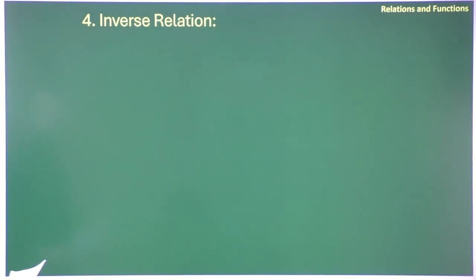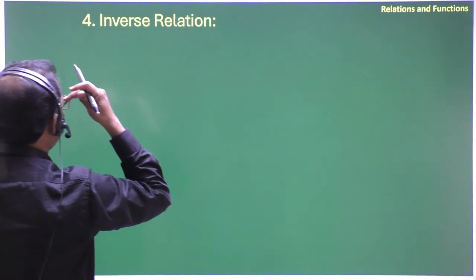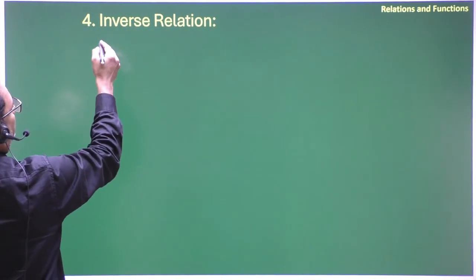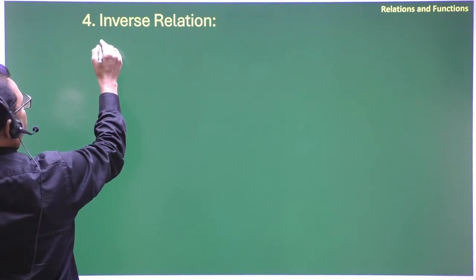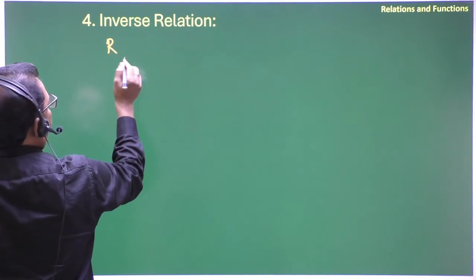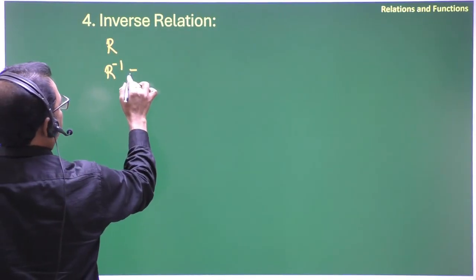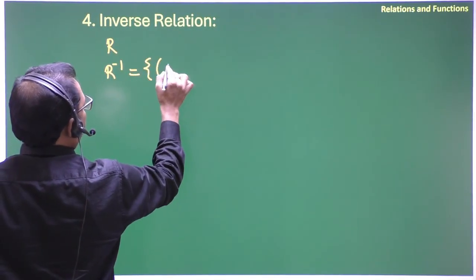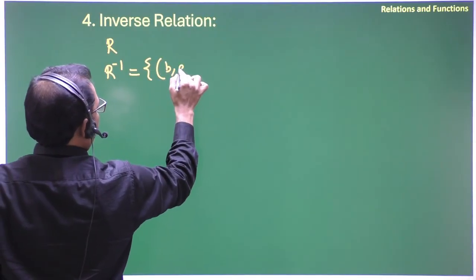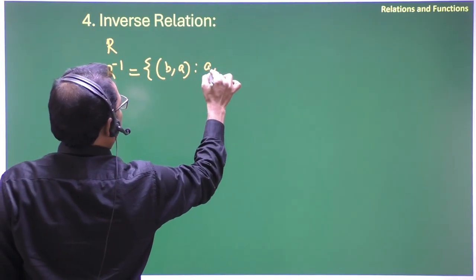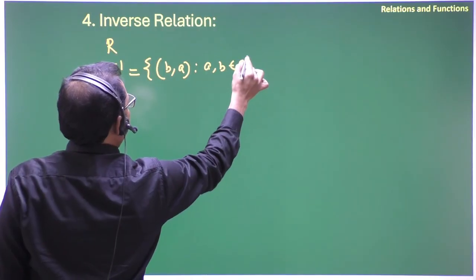Okay. Now the inverse relation. What is the inverse relation? If you take a relation R, its inverse is denoted by R inverse, which is defined as the set of all ordered pairs (b, a) such that (a, b) belongs to the relation.